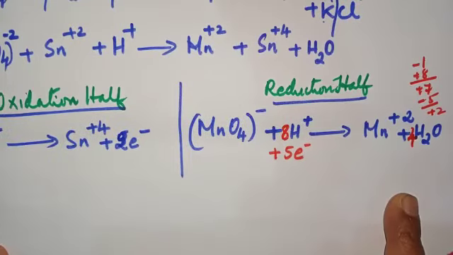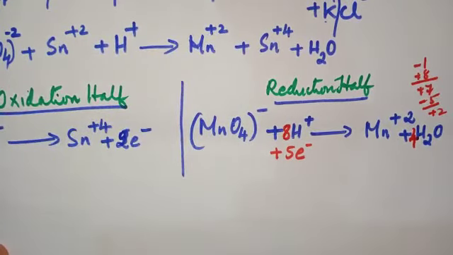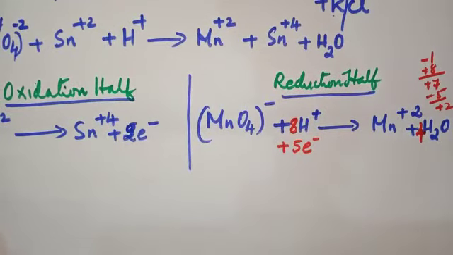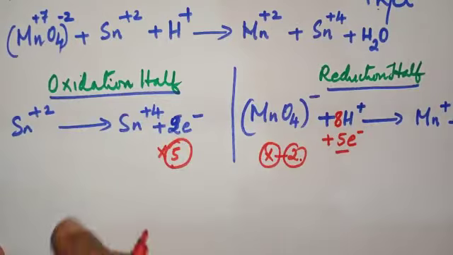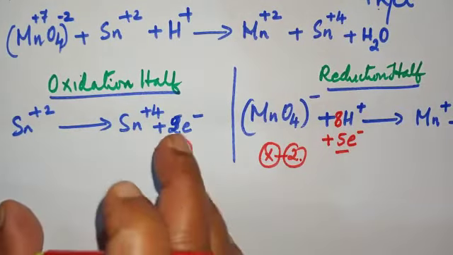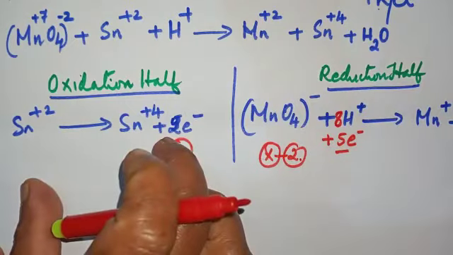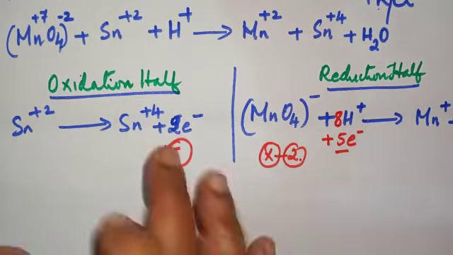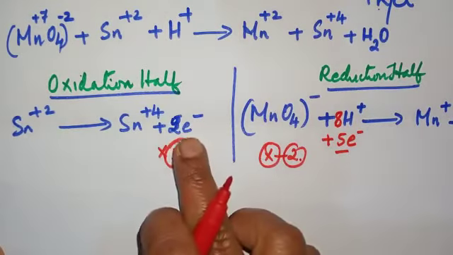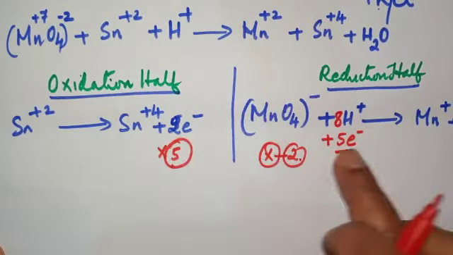Now after that, what should we do? We should equate both half reactions. While equating, the number of electrons on both sides should be equal, in both the oxidation half reaction as well as the reduction half reaction. At present, here 2 electrons are there, whereas in the reduction half there are 5 electrons.